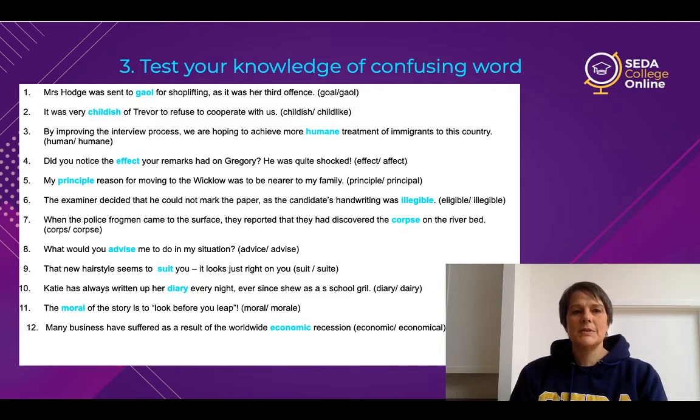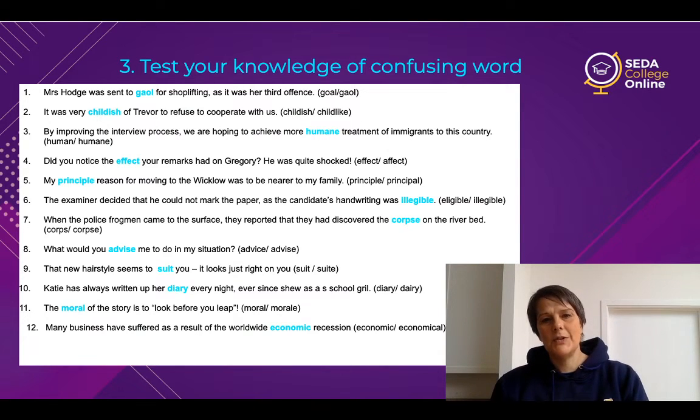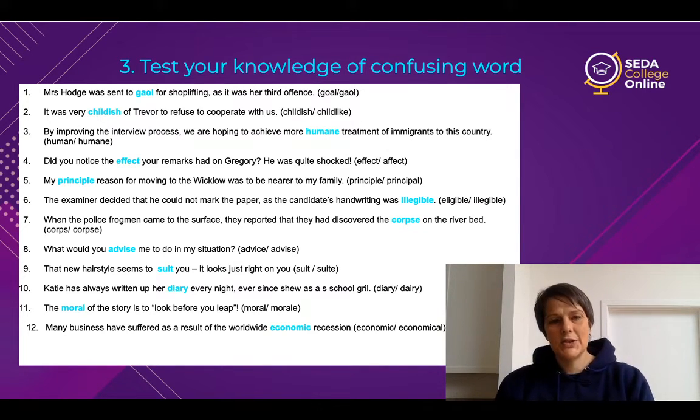Yeah, it's quite difficult to explain the meaning of the two words, isn't it? But childish is the right one that goes in there. By improving the interview process, we're hoping to achieve more humane treatment of immigrants. So human is the noun and humane is the adjective.